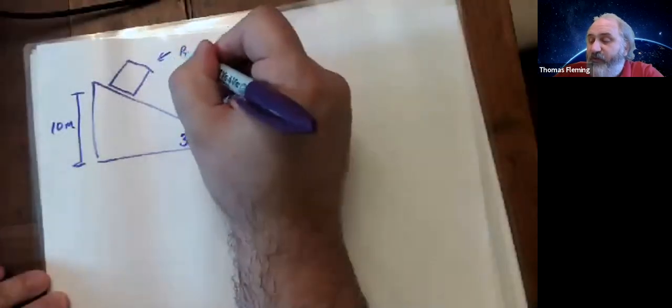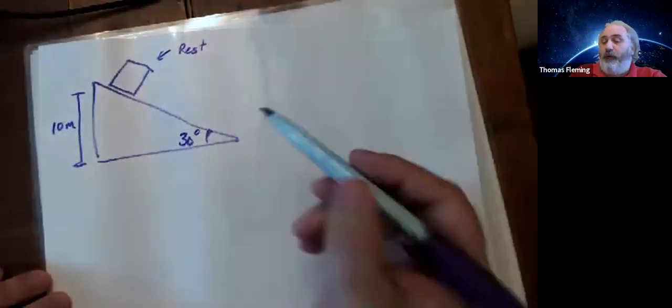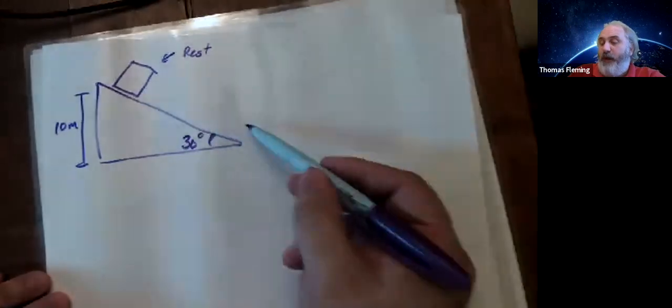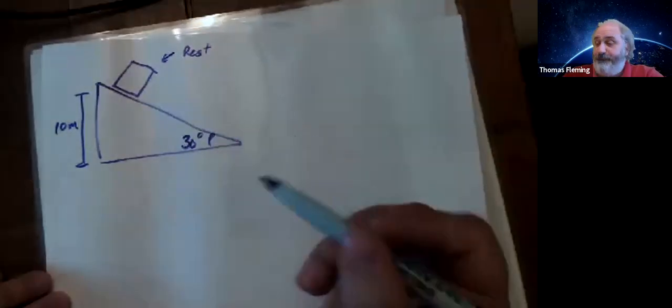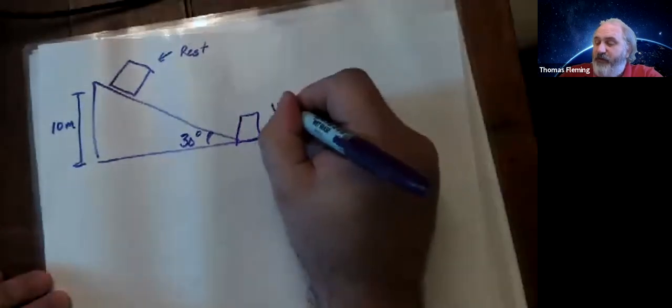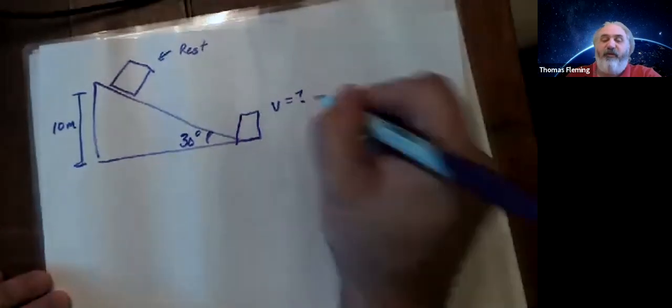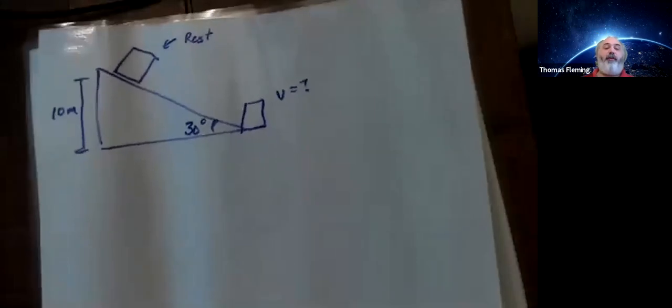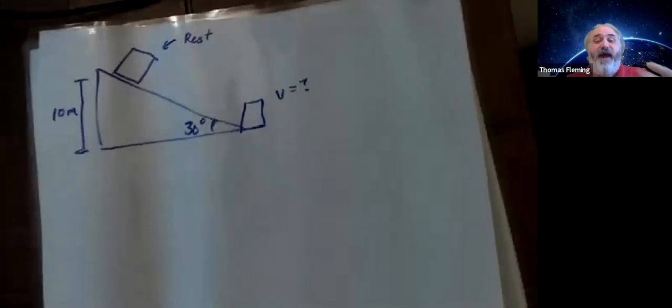And I'm going to start the box up here at rest, and I'm going to allow it to slide down the ramp frictionlessly. And when it gets to the bottom, what I would like to know is how fast is this box going to be traveling, right? That's the problem we're going to start with, and we know enough information to solve this problem.